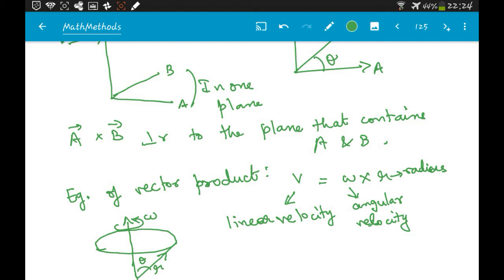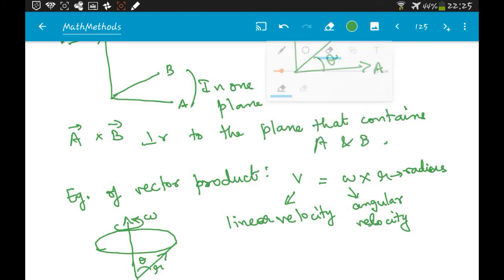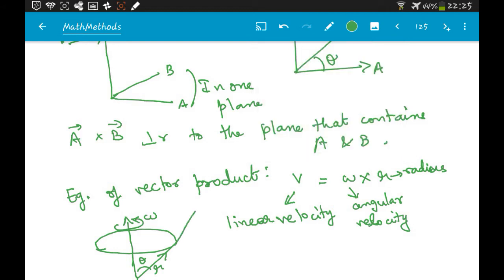Then the velocity is going to be something like that. This is going to be your linear velocity.